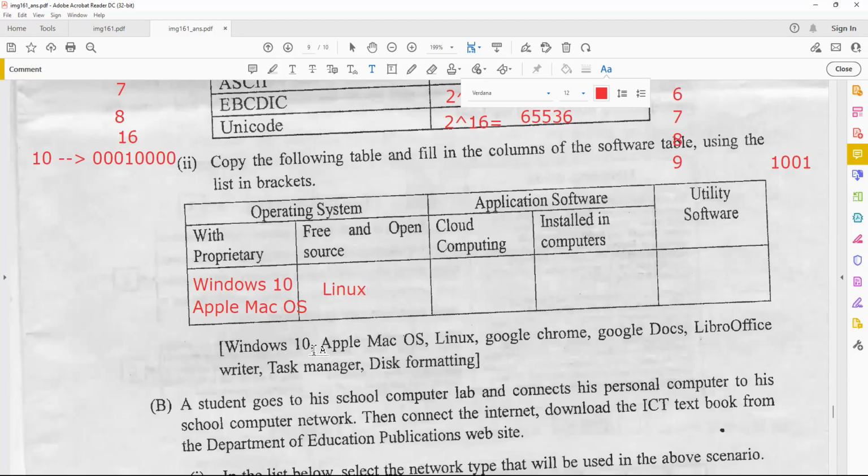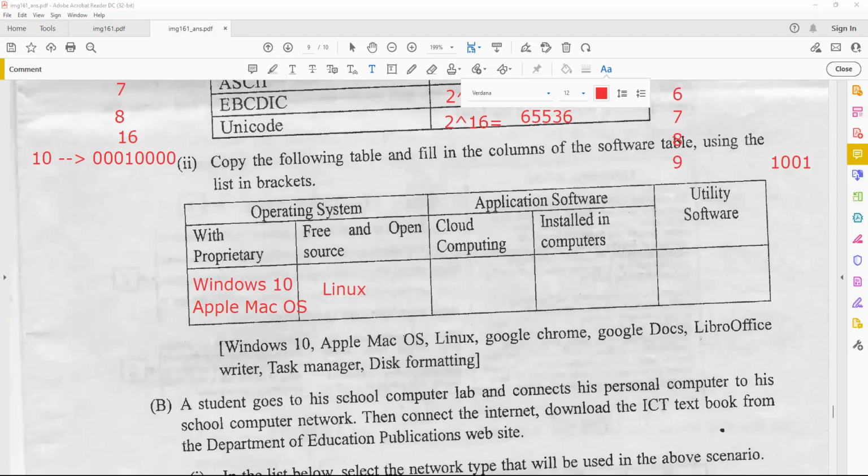Yes, this is an operating system. This is an operating system. This is an operating system. Okay, Google Chrome. Chrome is a software, right?